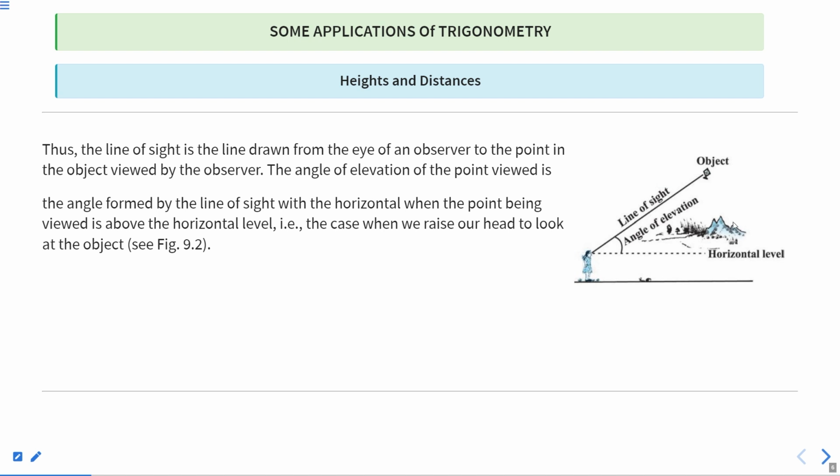In that case, this line is called the line of sight, and this is the horizontal level. The angle of elevation is the angle between the line of sight and the horizontal level.